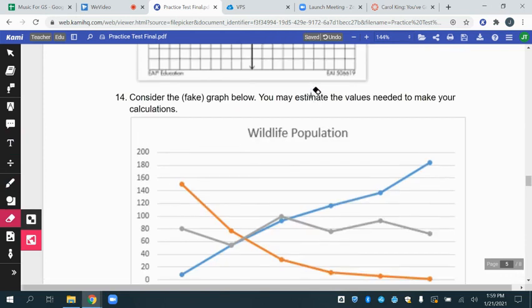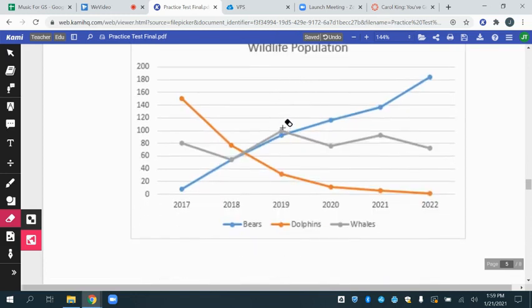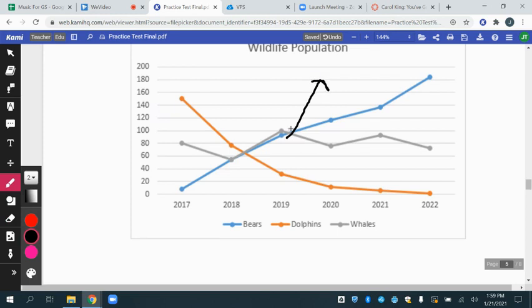Because it could be changing up or down, but steepness is what makes something change fast. When we're talking about a steep line, that means something is changing fast, whether it's how many bears there are in this case, or how fast you're growing in height, or whatever else. Steep means fast. So I'll notice this is steeper. These lines right here, from here to here, that is the least steep part for the bears.